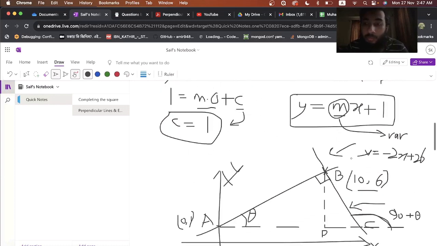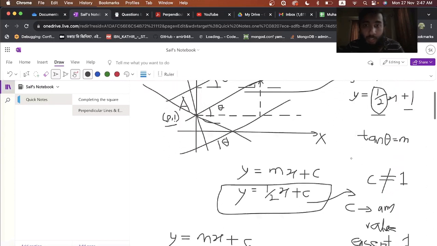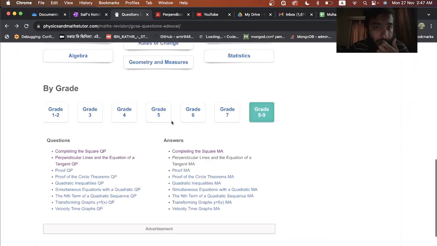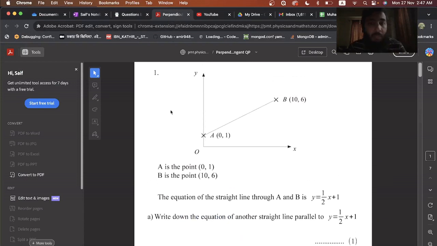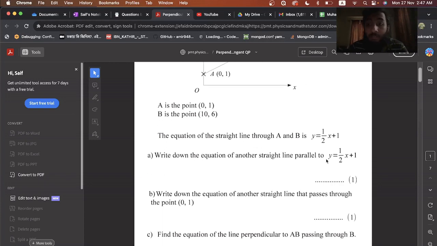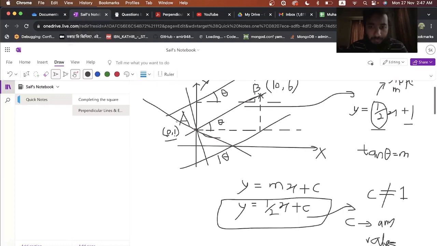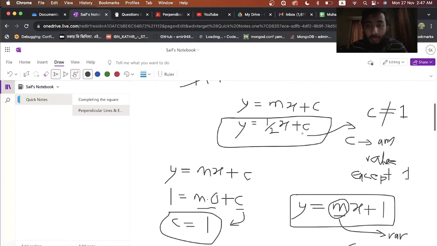So I wanted to focus on these three parts of question 1. I hope you understand how I did it. For the first question, the line has two points, A and B, and I have to find the equation of a line that is parallel. Any line that is parallel to this equation should have the same slope, so it should be y equals half x plus c.